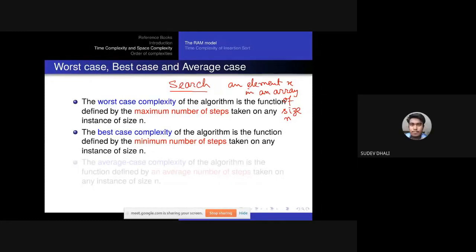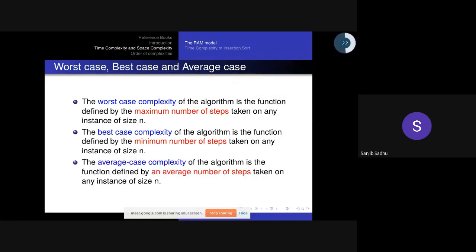Big O of n. When does it occur? If I get the element at the last position, since I am sequentially searching one by one. And what is the best case? If I am searching for the first element and it is the first element, it is big O of 1. So best case, worst case. But we should take care about the worst case. We expect that the best case will not occur.